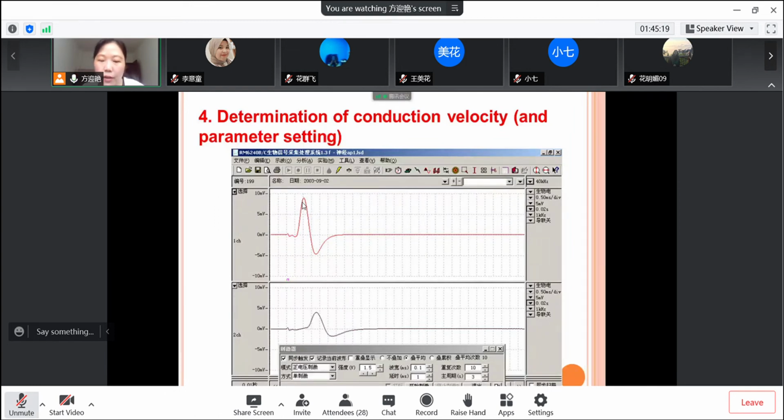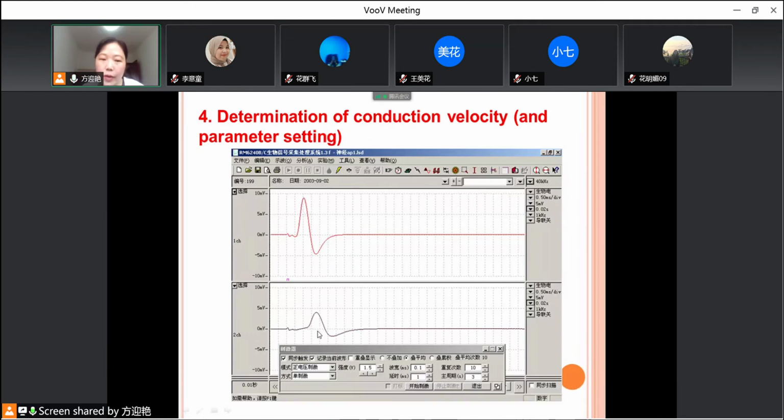The wave in channel 2 is later than in channel 1, and we can record the time.